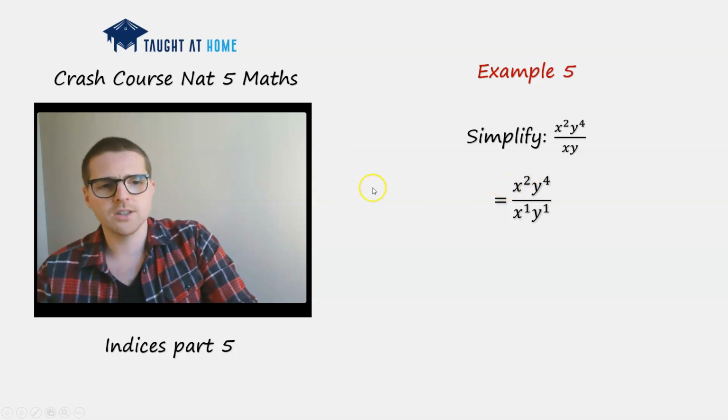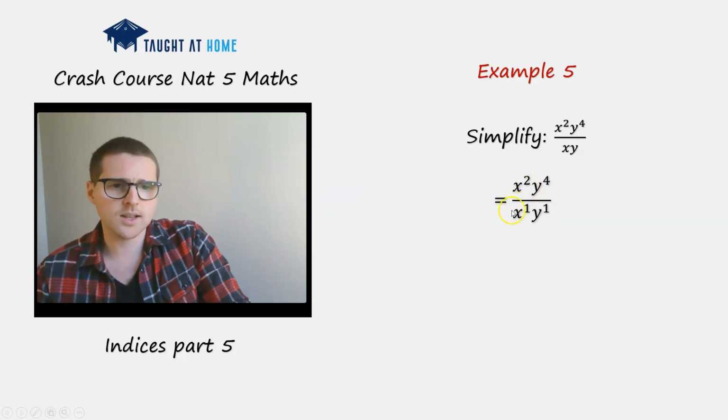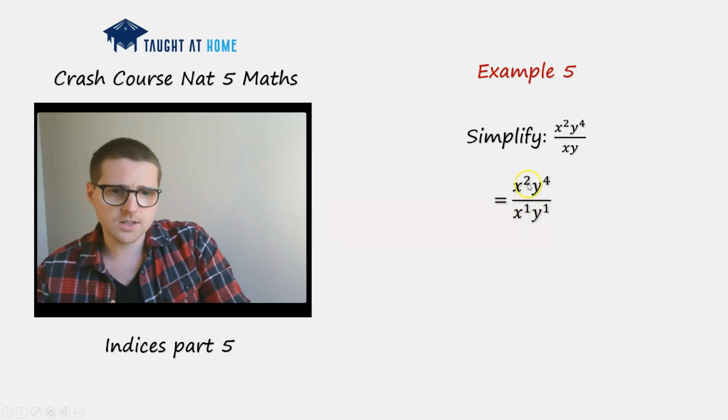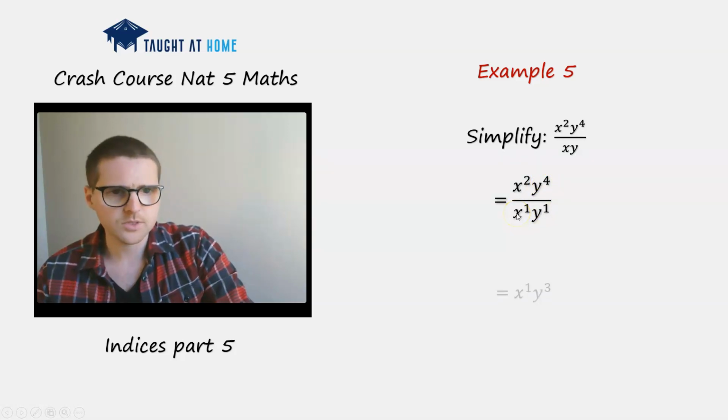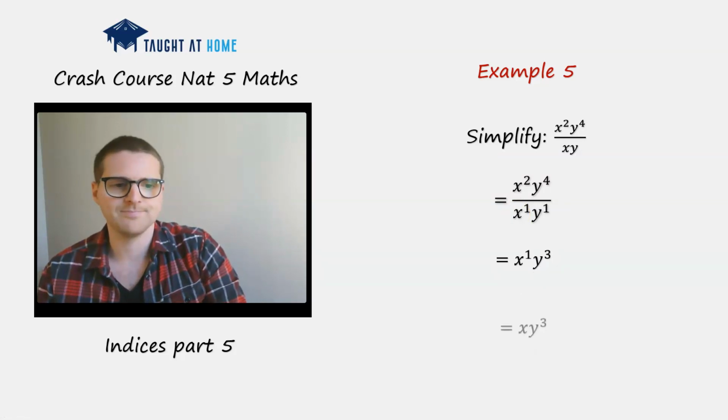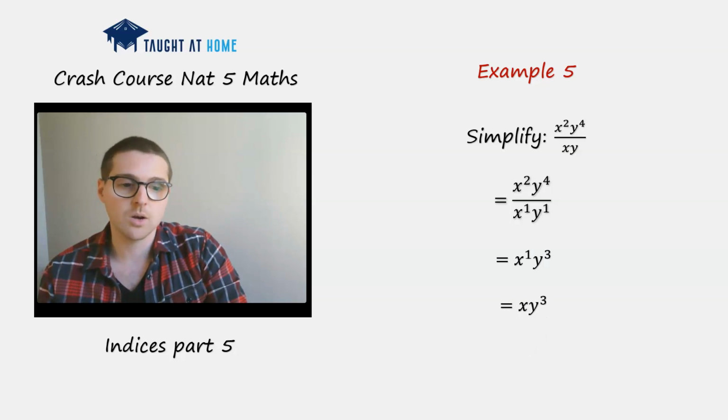Now this whole fraction is the same thing as saying x squared divided by x to the power of 1, times y to the power of 4 divided by y to the power of 1. We take each of these bases, the x's first of all, and do 2 minus 1 because these are dividing, so it's the second law of indices. And then we multiply that with y, 4 take away 1, which is y to the power of 3. So what we're left with is x to the power of 1, y to the power of 3, or simply x y cubed.